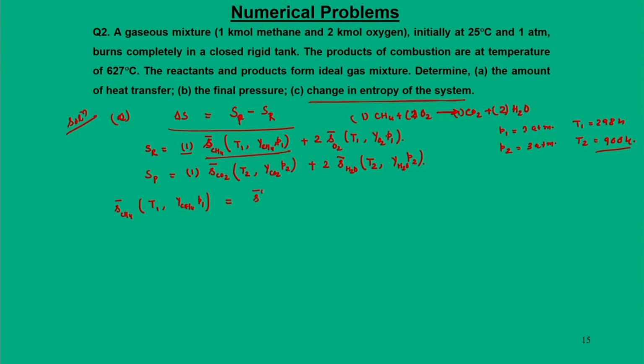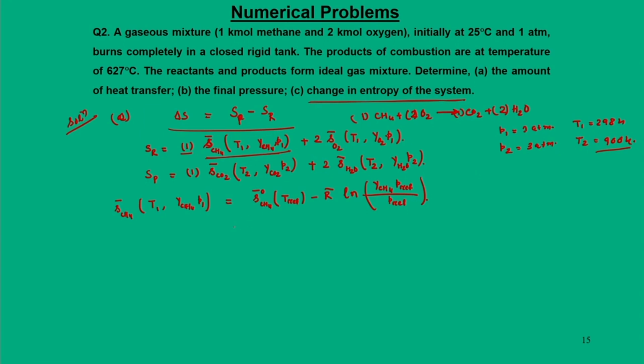So S bar O CH4, the absolute entropy, has to be evaluated at T reference, minus R bar into ln YCH4 into P divided by P reference. Mole fraction of CH4 is 1, P reference gets cancelled, and the data value we can find from the table.